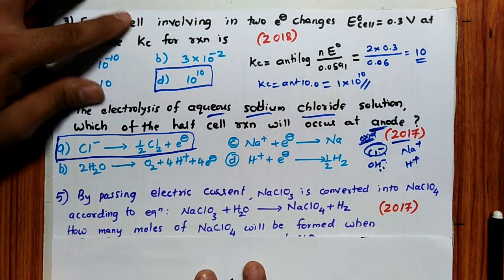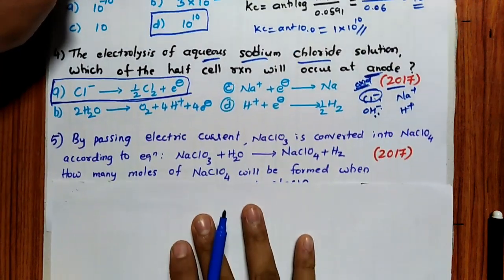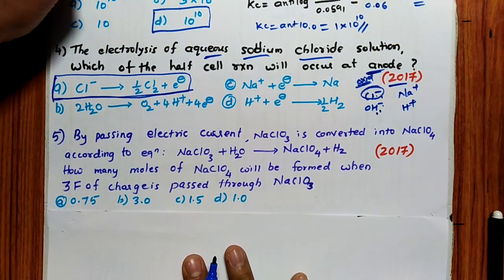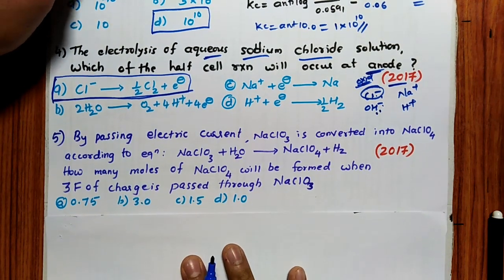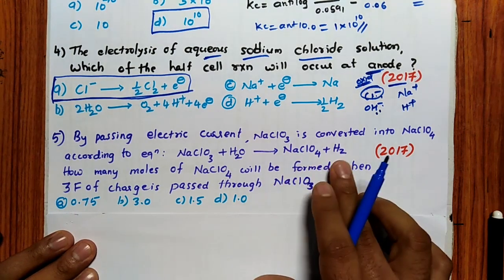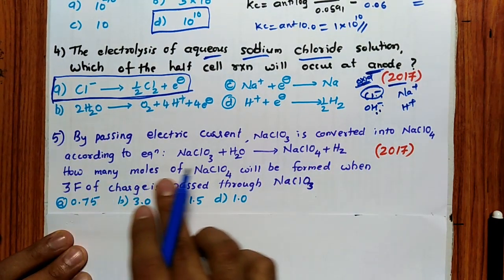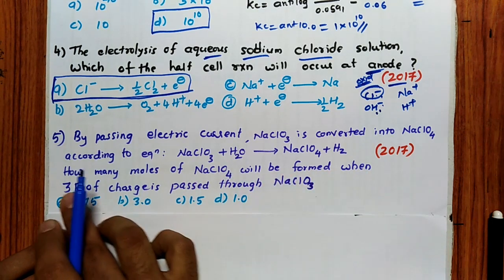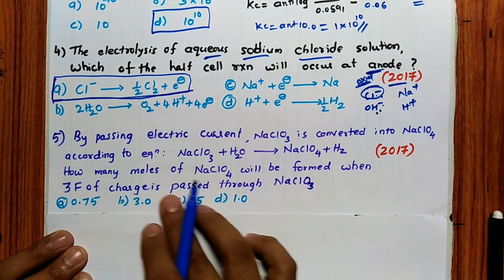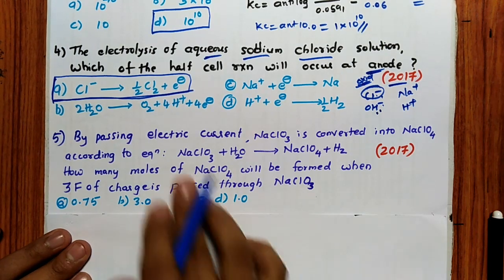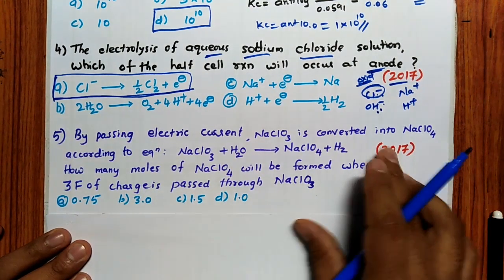Then, the fifth question. By passing electric current, NaClO3 is converted into NaClO4, according to the equation NaClO3 plus S2 gives rise to NaClO4 plus S2. 2017 asked question. How many moles of NaClO4 will be formed when 3 faradays of charge is passed through NaClO3? The options are given. Now the reaction is given, so see the oxidation state.